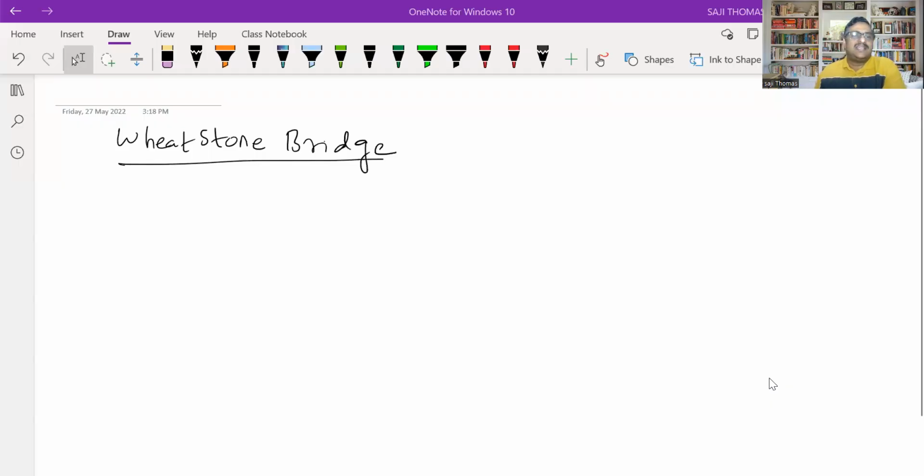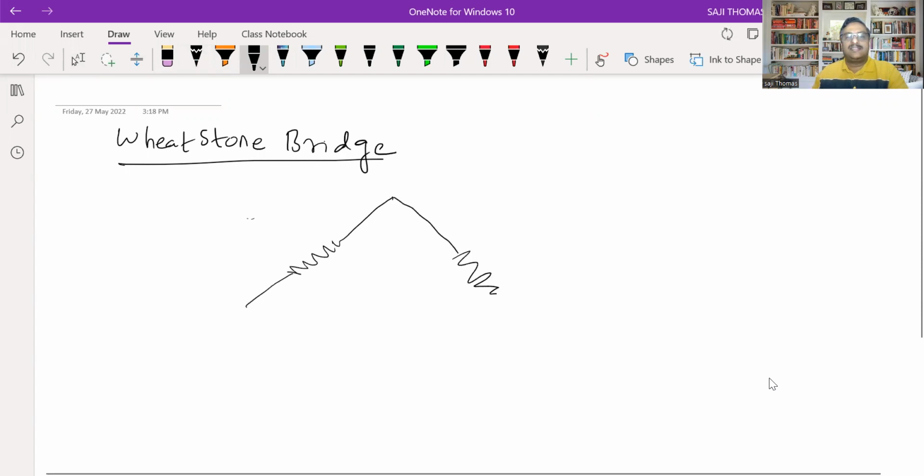Four resistors are arranged in the form of a rhombus. This is a resistor. Second resistor.